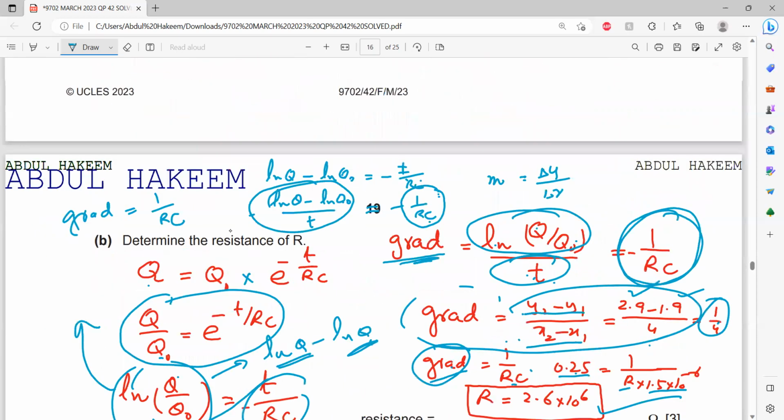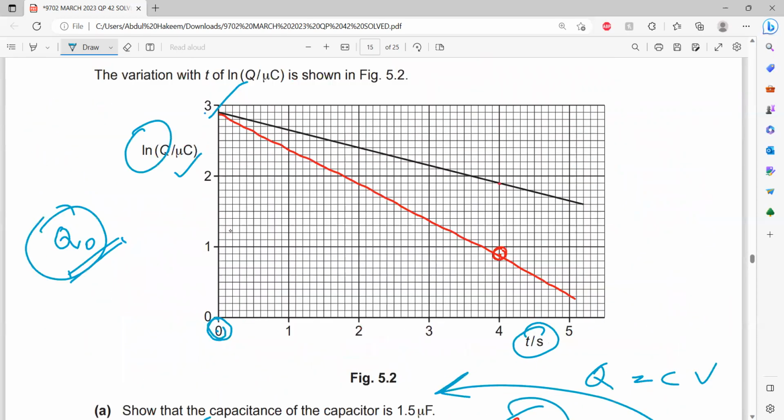We start with the same charge, same ln, and then after 4 or 5 seconds you can take this up. After calculation, you can draw this new line, because the resistance becomes half, so the time constant becomes half.